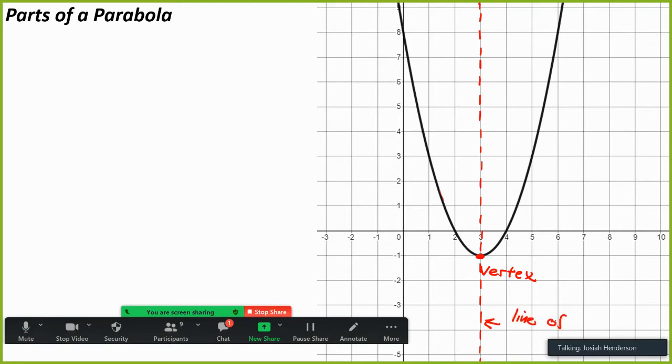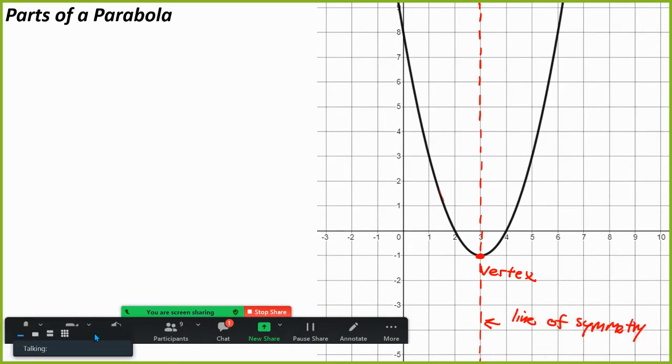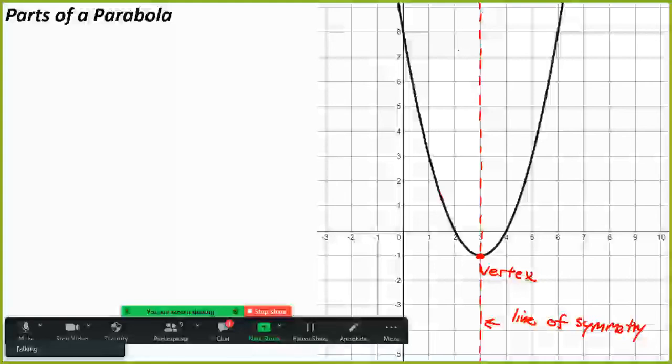Same thing. It's cutting it into two equal sides. That's important. It can be useful for graphing it by eyeballing it like we did today, and it comes into play with some different formulas that we'll be using later. So that's the line of symmetry or the axis of symmetry.